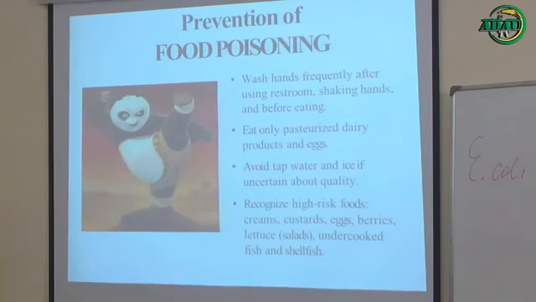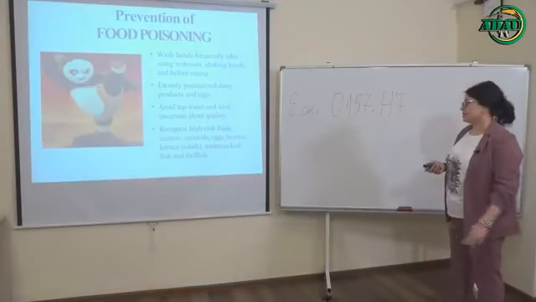Eat only pasteurized dairy products and eggs. Because you know, unpasteurized dairy products, milk for example, can cause brucellosis. It's an infectious disease. I cannot say that it's a food poisoning, but it's a kind of foodborne disease which can influence human health.